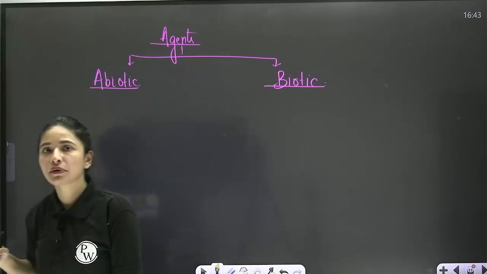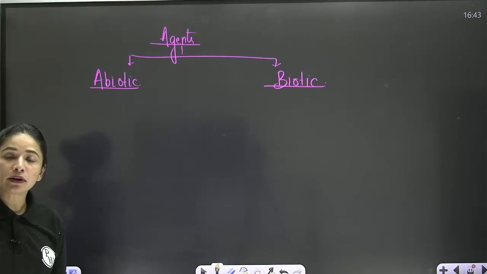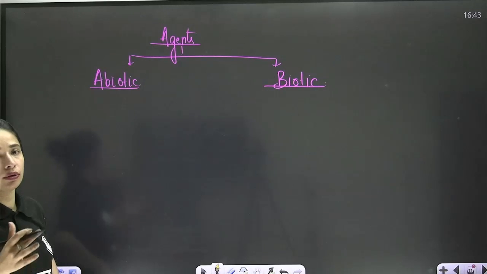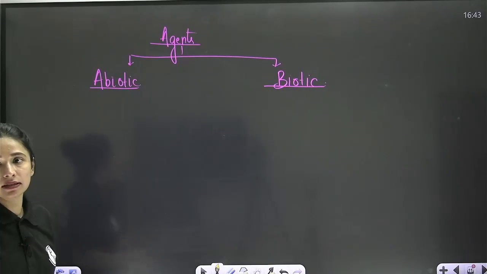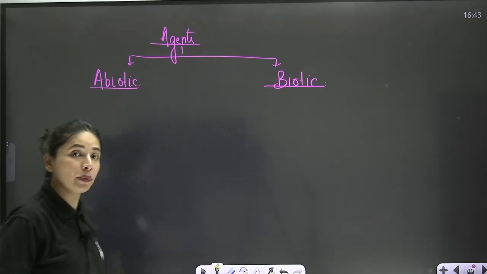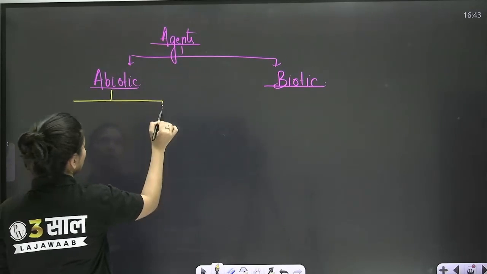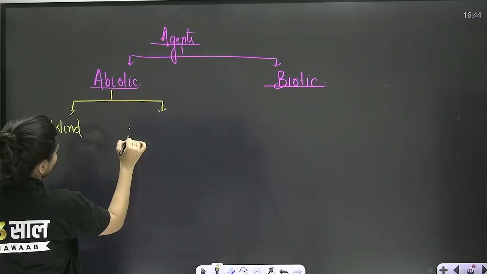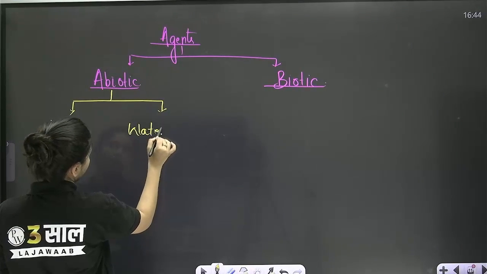Right? Clear? Abiotic means what? Wind and water. A means without. Biotic means living organisms. So when living organisms are not involved in the pollination, rather wind or water is involved, then that is known as abiotic pollination.